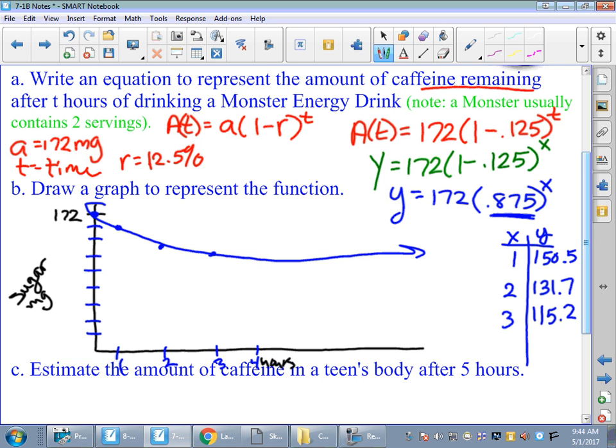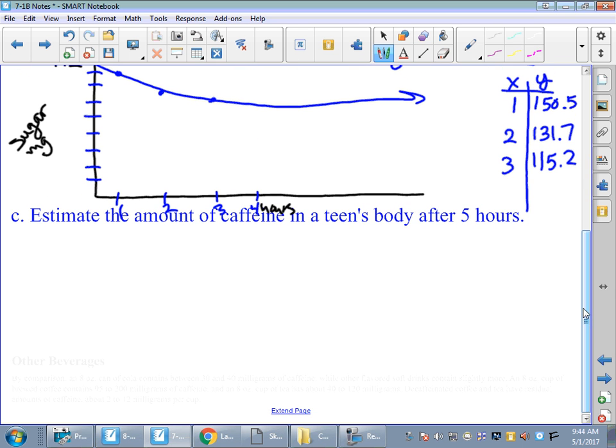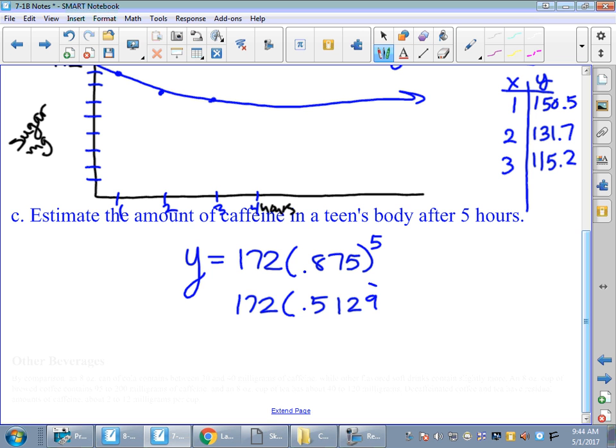Estimate the amount of caffeine in a teen's body after 5 hours. That would be T is 5. So Y is equal to 172 times 0.875 to the 5th power, so we have to do that first. Usually when you raise a number to the 5th power, it gets really big, but because this is a decimal less than 1, it doesn't get very big fast.